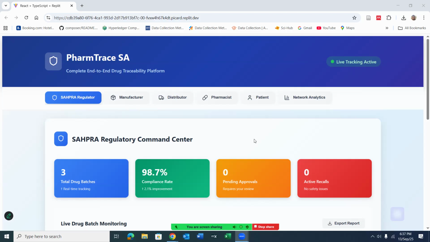Welcome to this demonstration of a FarmTrack SA blockchain solution, which is designed to mitigate or reduce counterfeit drugs in the pharmaceutical supply chain in South Africa. In this simulation, I will walk you through how different stakeholders such as manufacturers, regulators, distributors, pharmacists, and patients interact with the system.